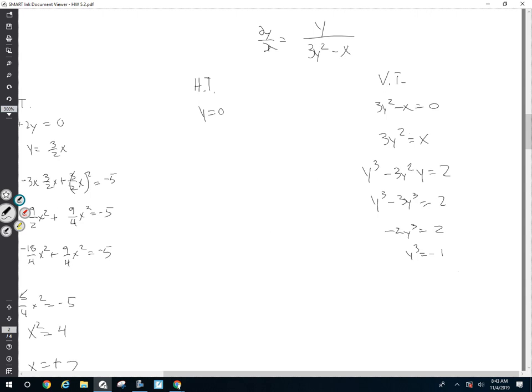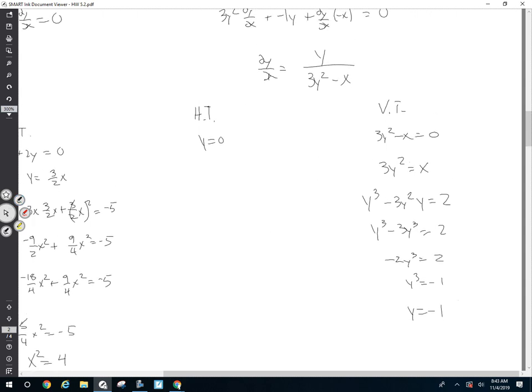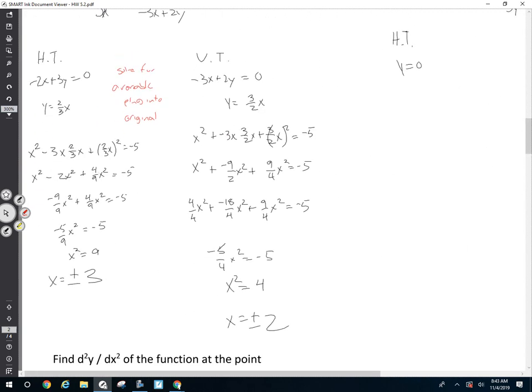Y equals negative 1. Fantastic. Remember, if you wanted to find the other halves, it's easy. You plug in the plus or minus 3 in this equation, not the original equation.